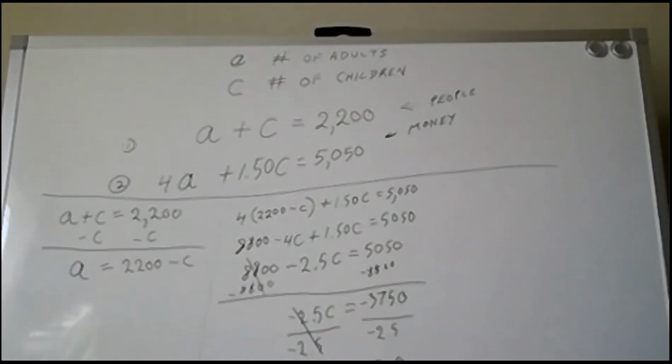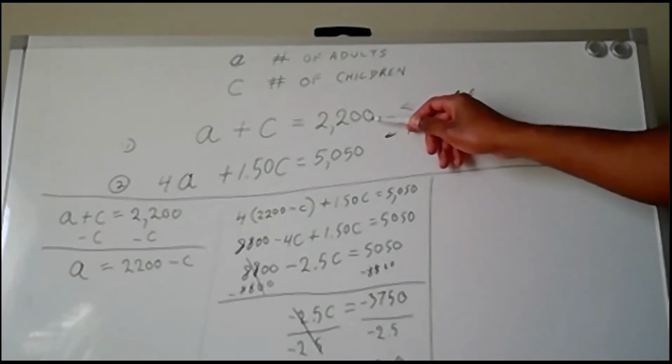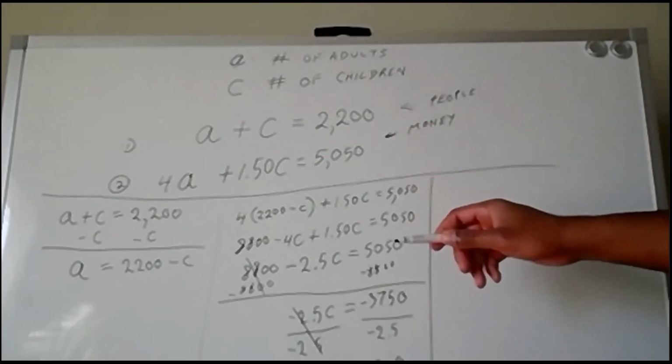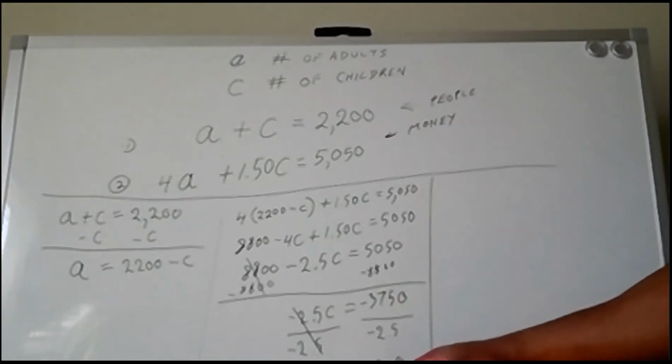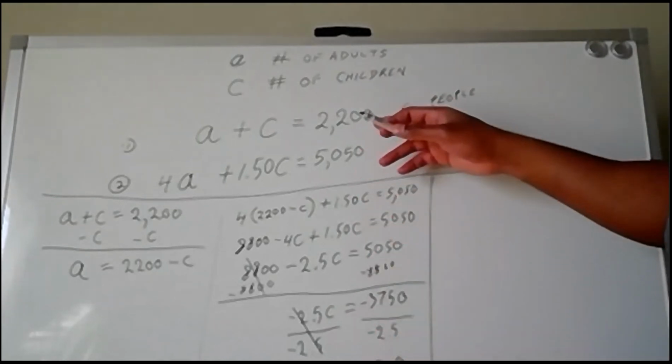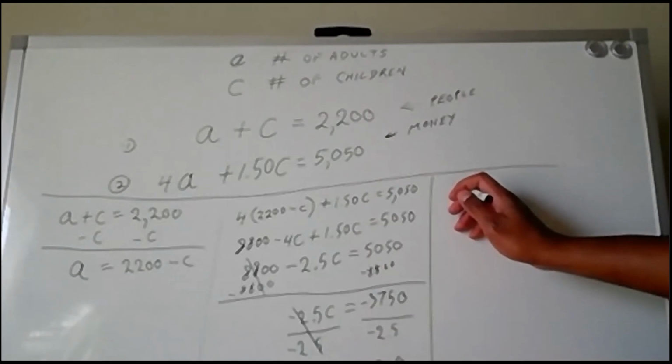Now, how many adults are there? Well, because we know that there are 2200 people, to find out how many adults there are, we can simply subtract the number of children from the total number and see what we get.